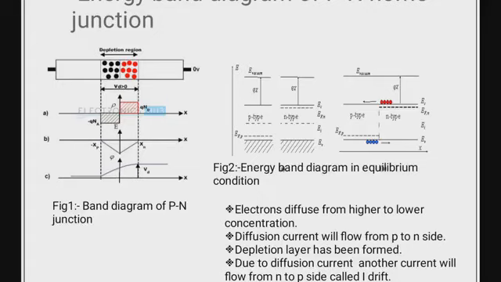Because, as I told in the earlier slide, when holes are migrating from P to N side, they leave some immobile ions which are negative. Due to these negative immobile ions, the charge carrier densities will be negative, and that is why it is drawn below the zero axis.